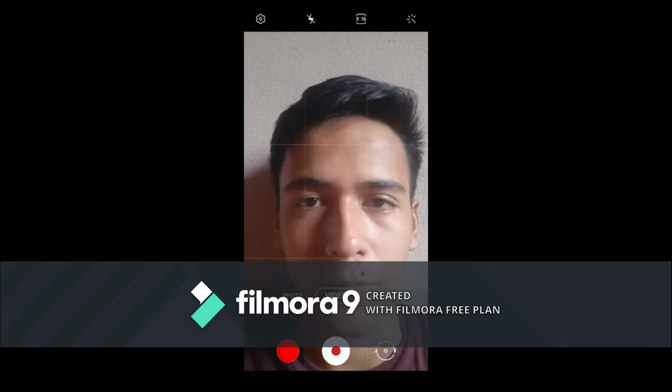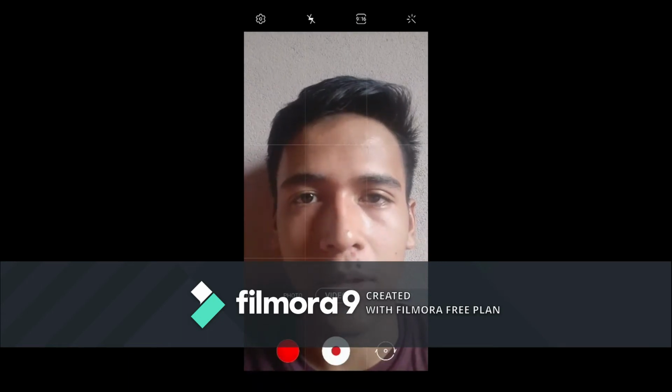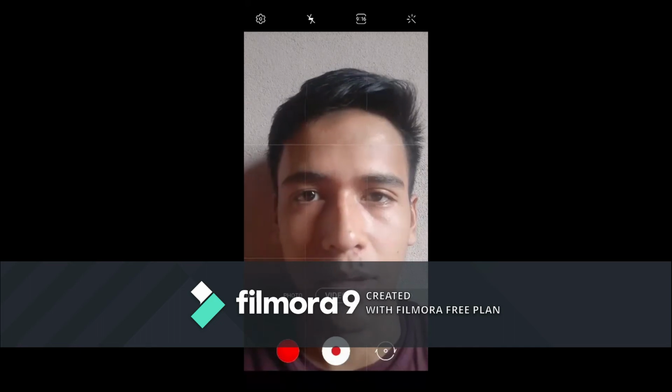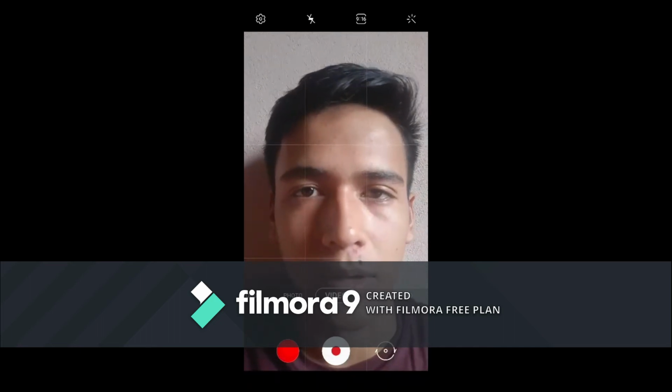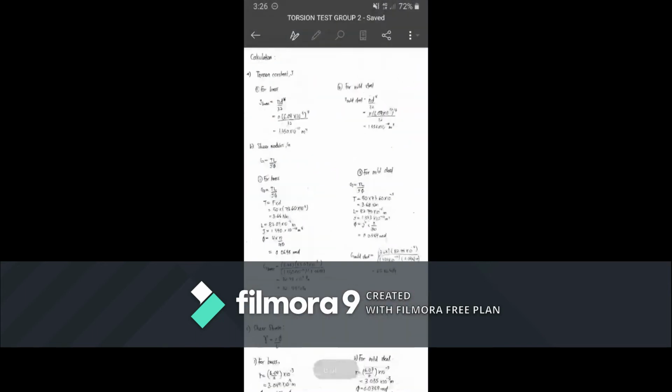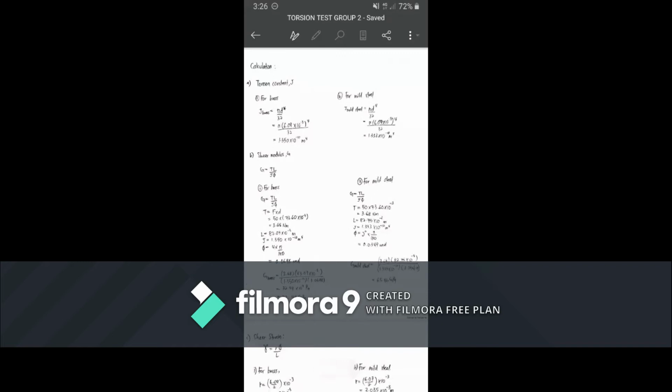I'm from group 2. So today I will give an explanation about the calculation on the lab solid in the topic of torsion test. For this experiment, we need to find the torsion constant, J, for brass and mild steel.